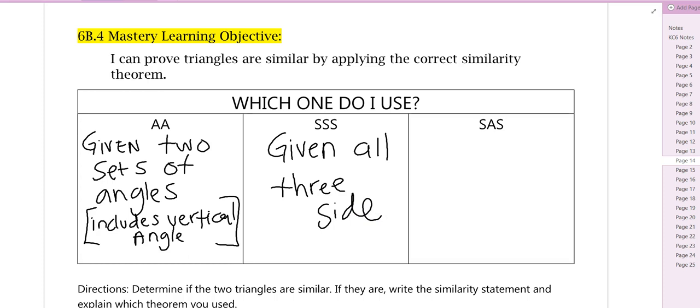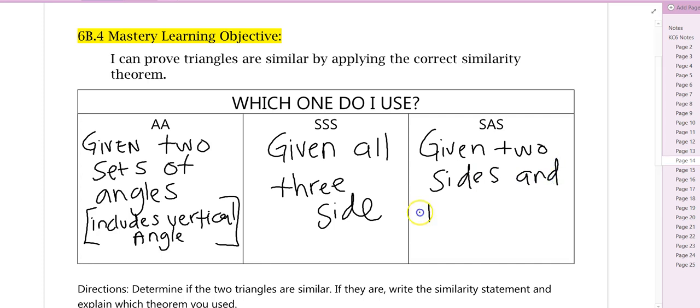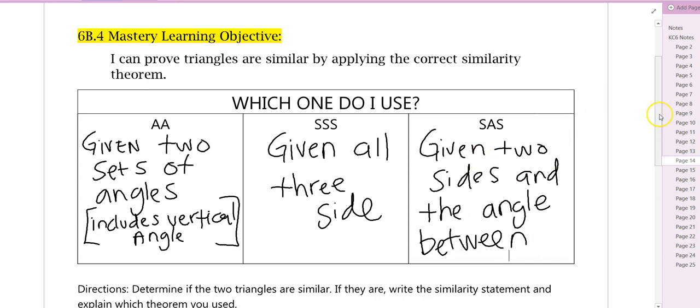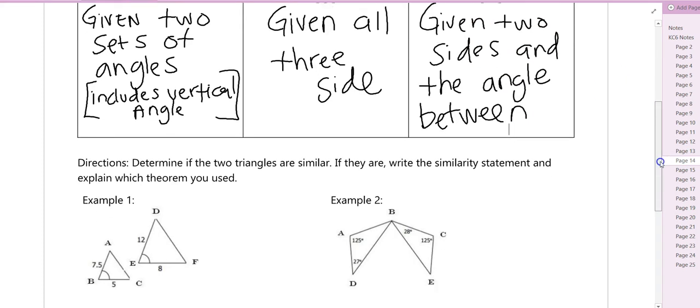If you are going to be using side-angle-side, then you are going to be given two sides and the angle in between. So that's the biggest thing. It has to be the angle in between the two sides. It can't just be any angle. It has to be the one that is in relation to the two sides that are also given to you.